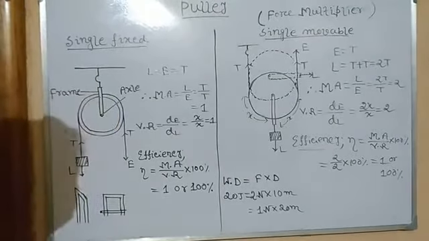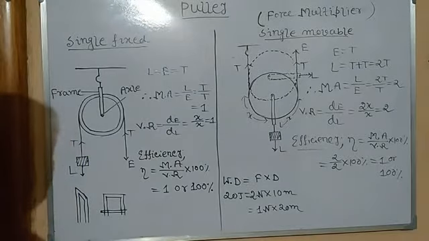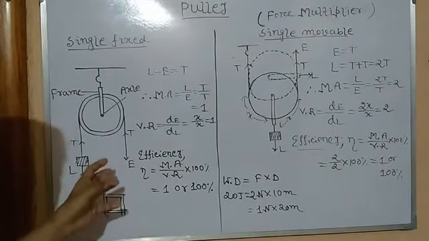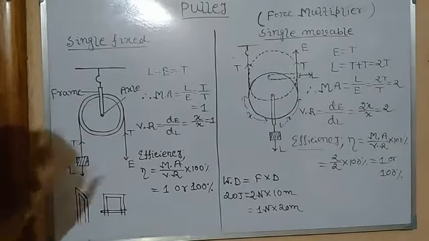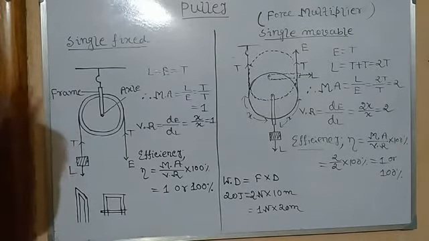Clear? Why inextensible? We have seen that when we apply force at the effort end, due to the friction between the rope and the circular disc, the disc rotates and the load is lifted up.